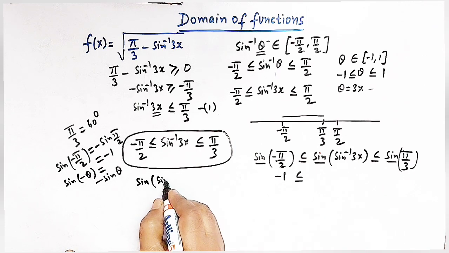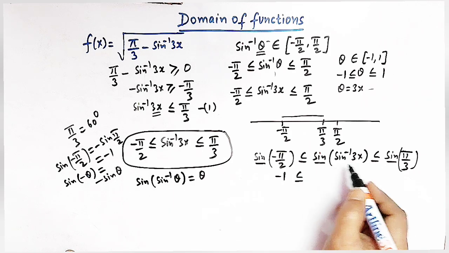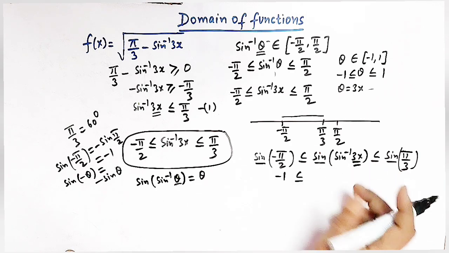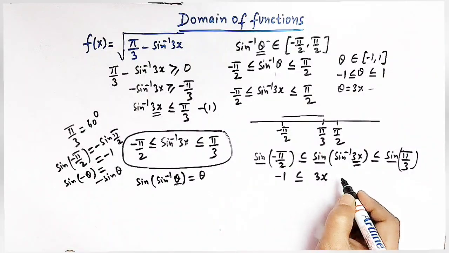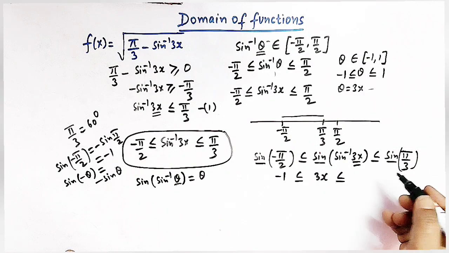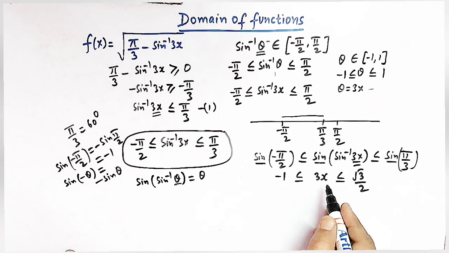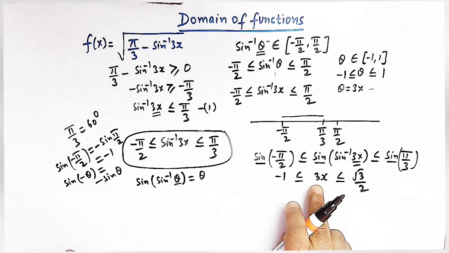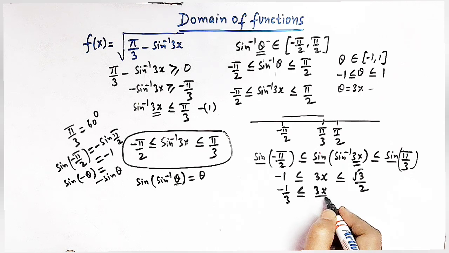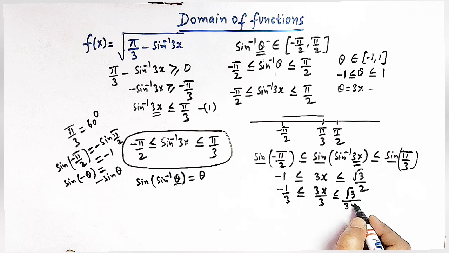From inverse trigonometric functions we have the property that sine of sine inverse theta is equal to theta. Here we have 3x for theta, so this quantity is simply 3x, and here sine pi by 3, which is sine 60 degrees, that is square root of 3 over 2. Now dividing throughout by 3, we have minus 1 over 3, 3x over 3, and root 3 over 3 times 2.